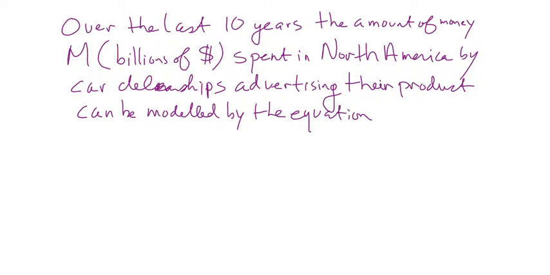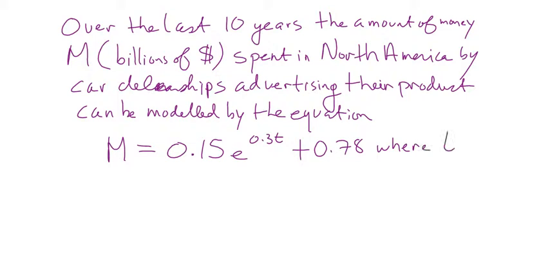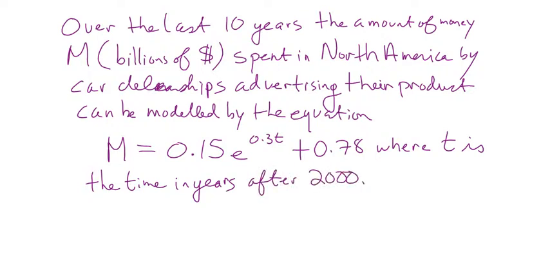So a lot of times, any of these formulas you see, they're mathematical models for something, right? In this case, this is a model for the amount of money spent by car dealerships. The other one, it's a model for the half-life, right? You'll find all kinds of financial models. M equals 0.15 e to the 0.3t plus 0.78, where t is the time in years after 2000.